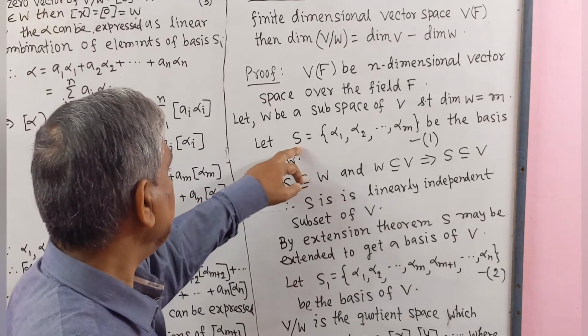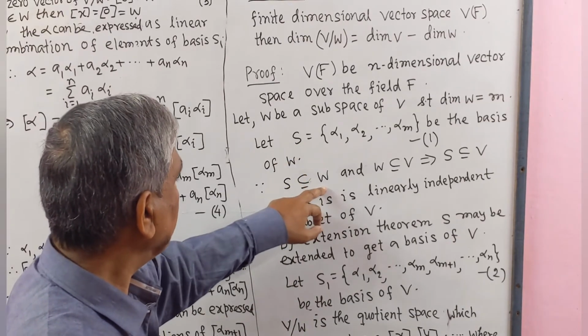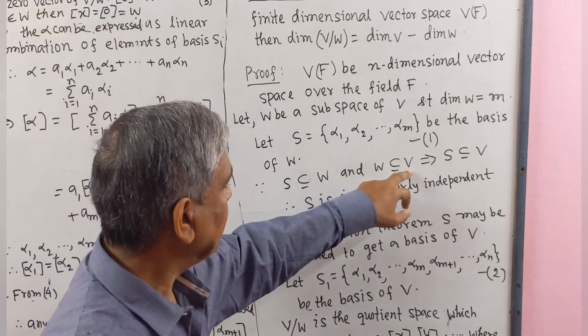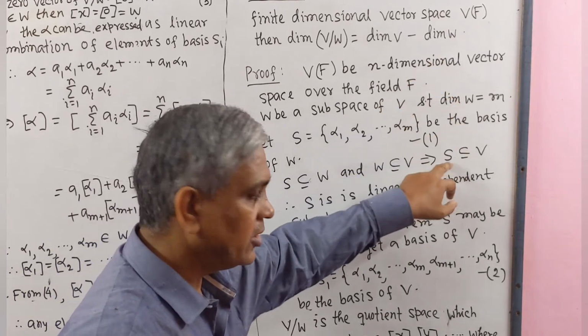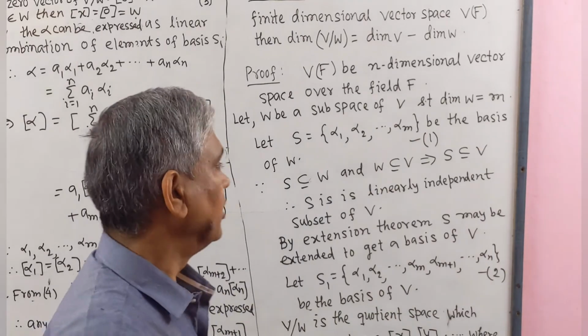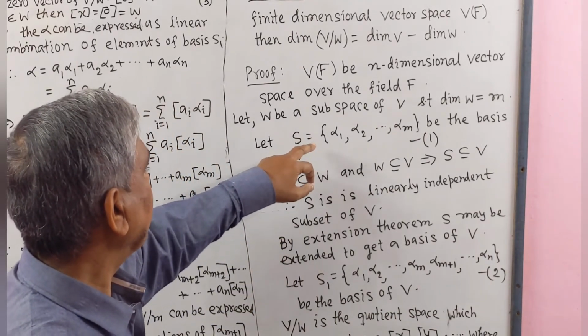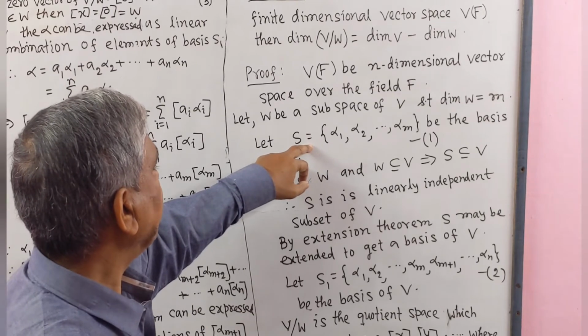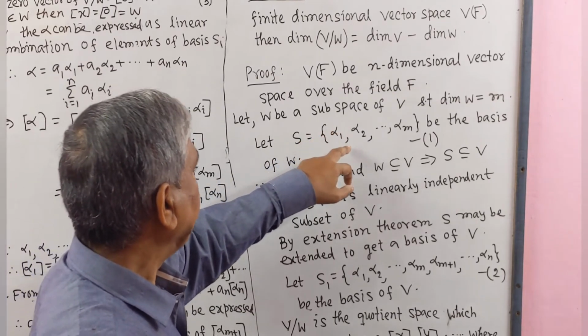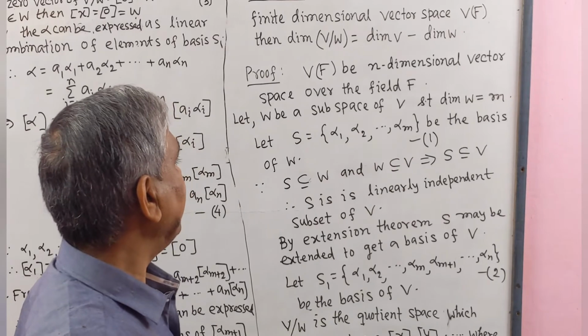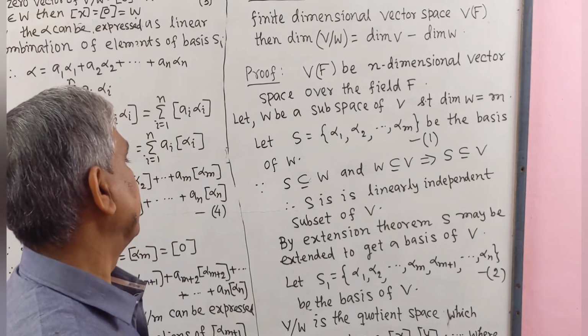Since S is a subset of W and W is a subset of V, this implies that S is a subset of V. Since S is the basis, S contains m linearly independent vectors.